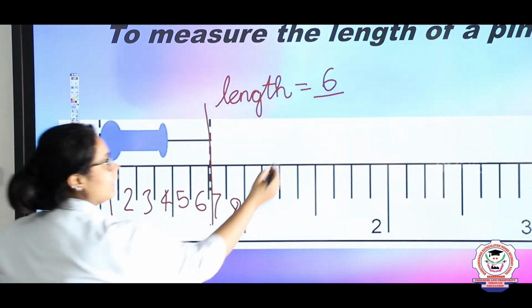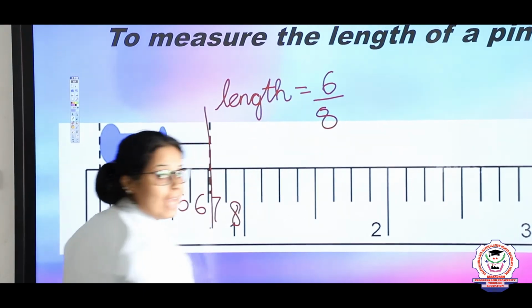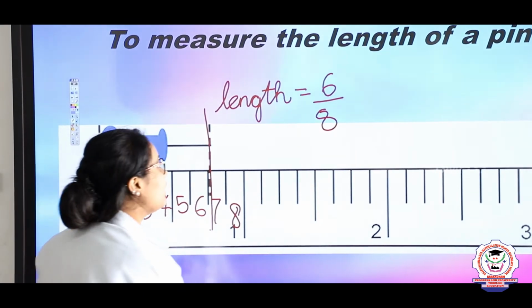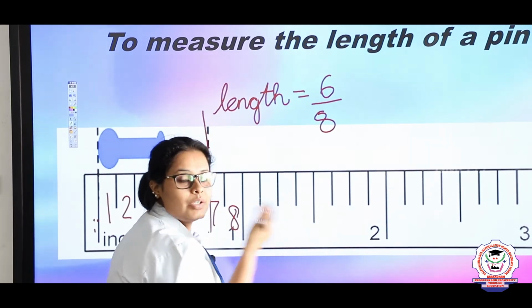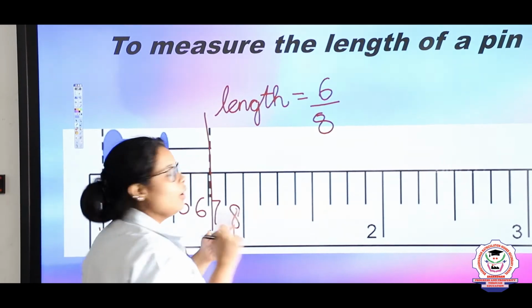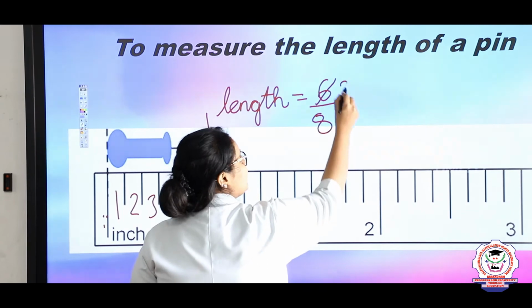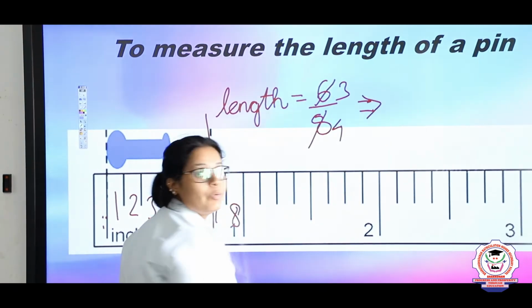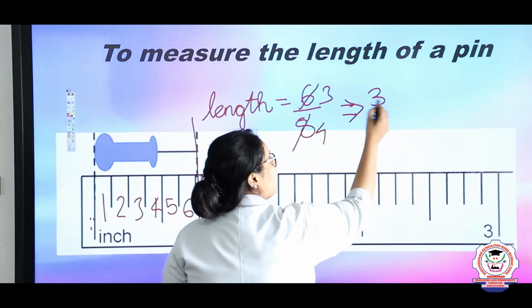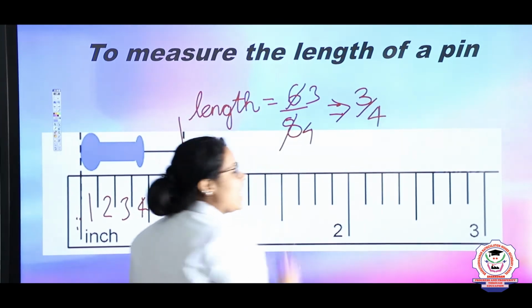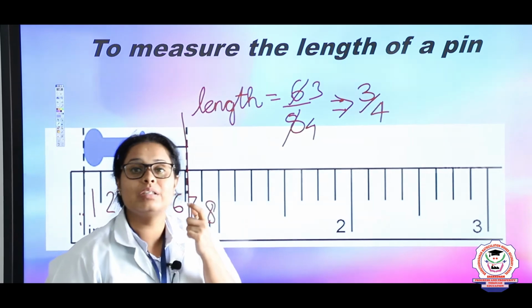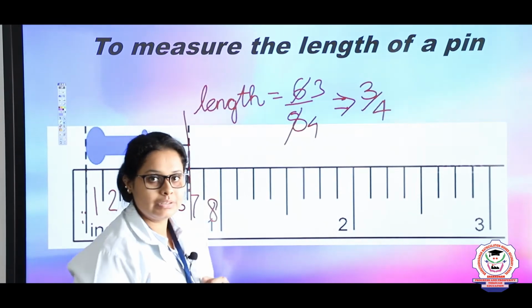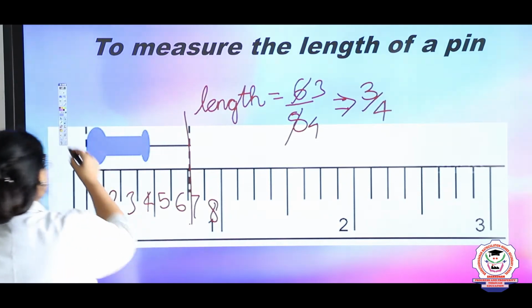So we write it as 6 by 8. For further calculation, we can use the table of 2: 2 3s are 6 and 2 4s are 8. So finally we get that 3 by 4th of an inch is the length of the pin against the scale, right students? Now let's do the second experiment.